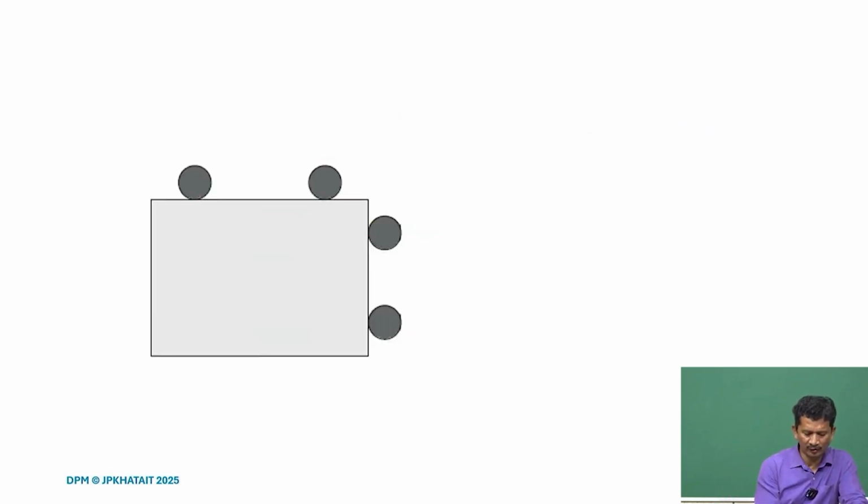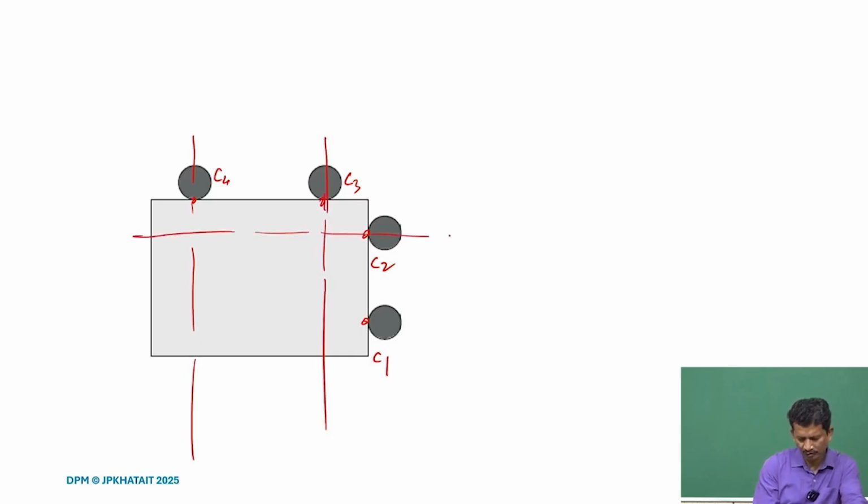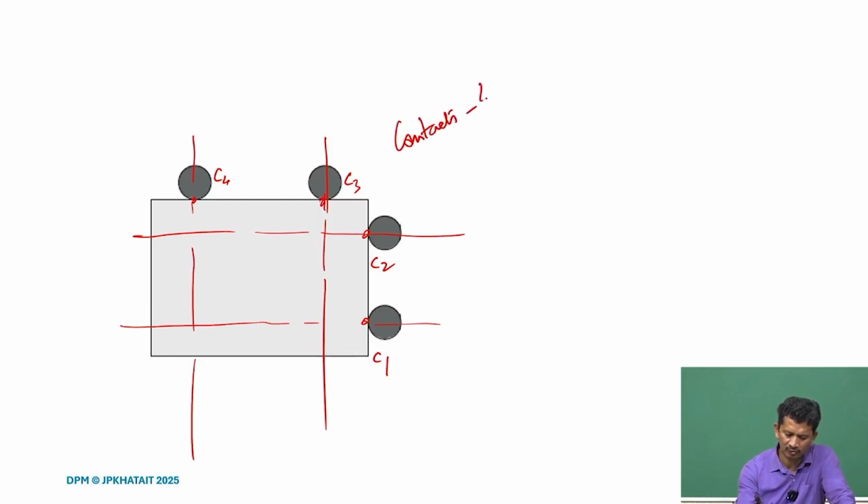Similarly, we have another example. So, we establish the contacts C1, C2, C3, C4, and if we try to make the constraint lines, what we realize here is that the number of contacts is 4, but that does not mean it can provide 4 constraints, because in the planar case there will be only 3 degrees of freedom.